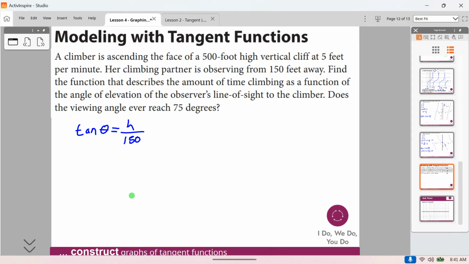We can also say that the height is equal to 5 times t, based on it's going up at 5 feet per minute, where t is in minutes. This means that tan theta is equal to 5t over 150.